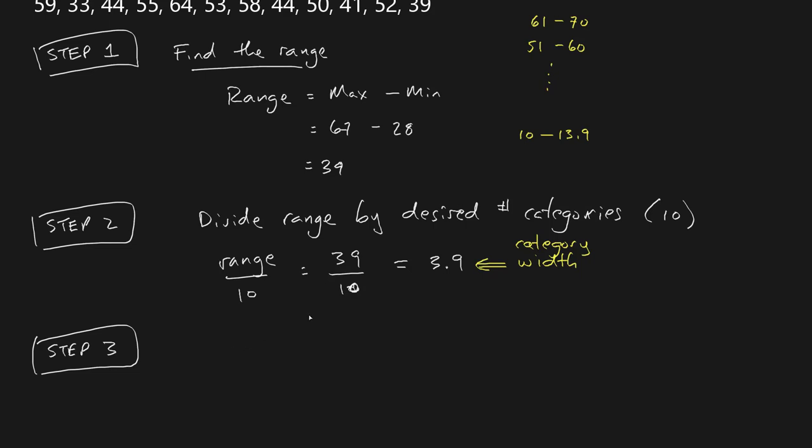Take your 3.9 and round the category width. And I use the word round sort of loosely: round the category width to an easy number to work with.